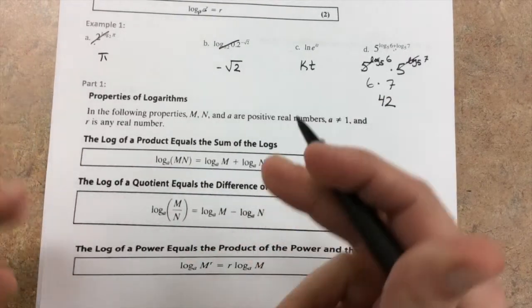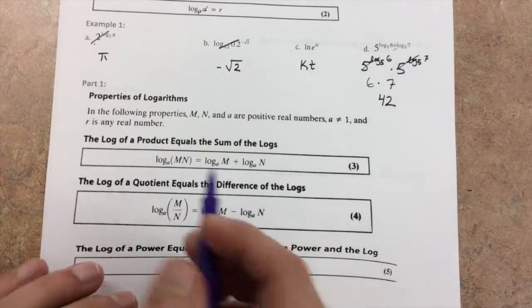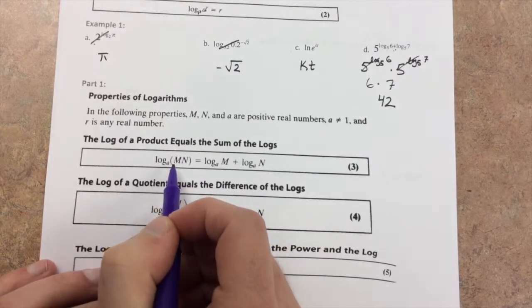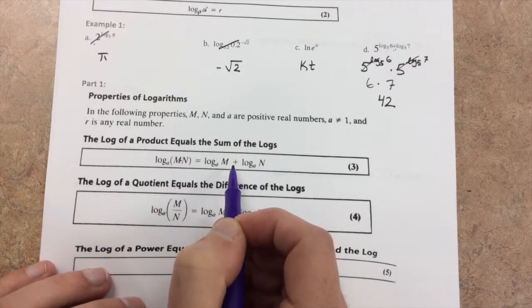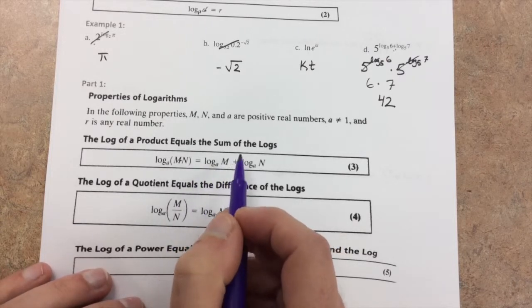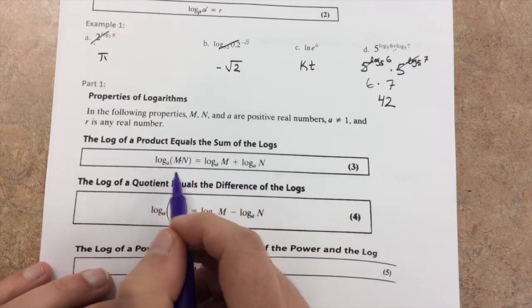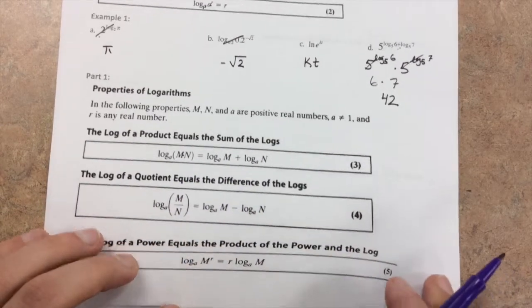So the next set of rules that we're going to add. If you have two things multiplied inside a log, we can separate that multiplication out into addition, because if we have like bases, then we add the exponents. For multiplying like bases, we add the exponents. So same thing. If we're multiplying two things, we can separate it out into two additions.